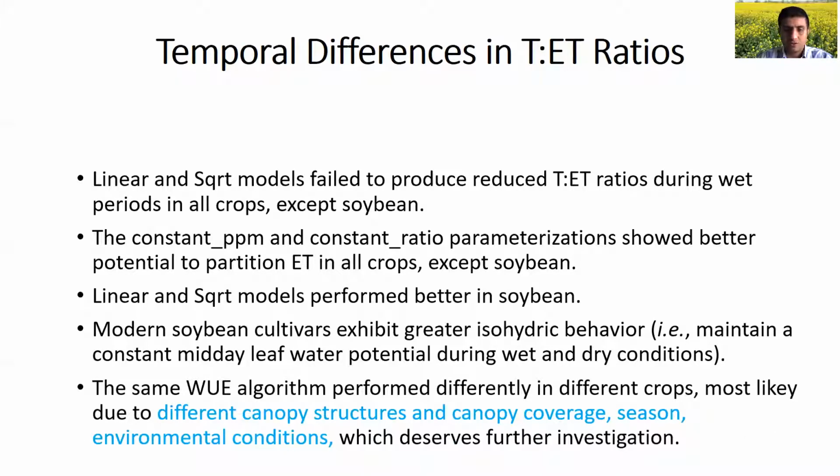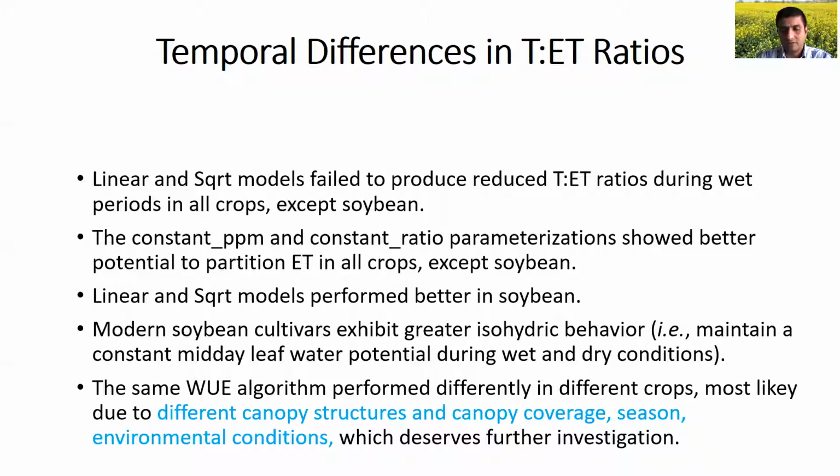And also, the same water use efficiency algorithm performed differently in different crops. Most likely different canopy structures and canopy coverage, growing season in winter, spring, or summer, and environmental conditions, because in summer we have high temperature and VPD, but in spring and winter, those crops may not experience that high temperature and VPD beyond their threshold limits.